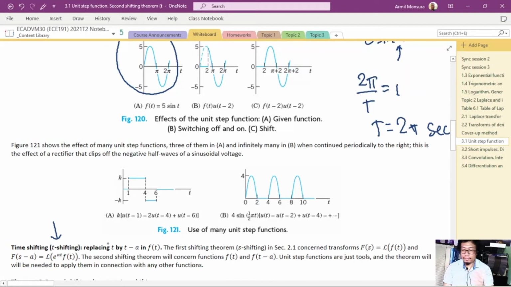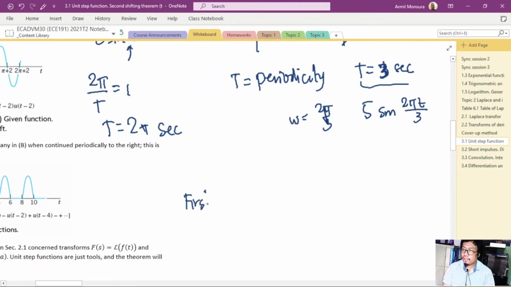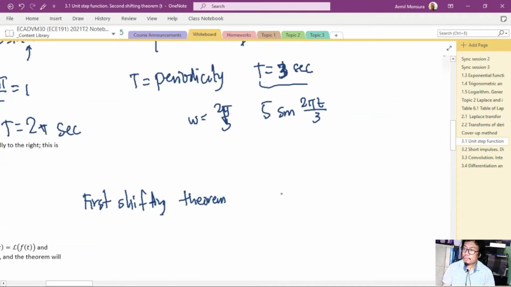Just a recall: your first shifting theorem stated that if you're taking the Laplace transform of the product of e raised to at times f of t, that is when you have a function multiplied by an exponential.